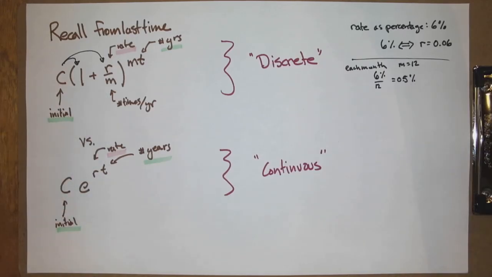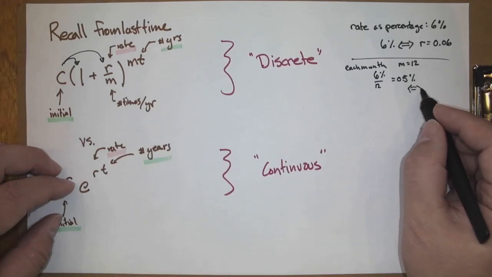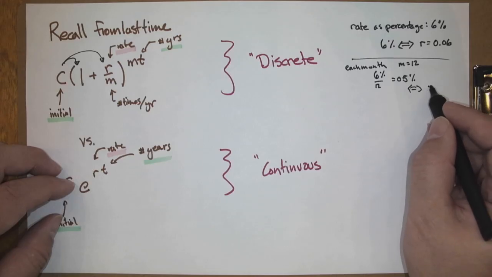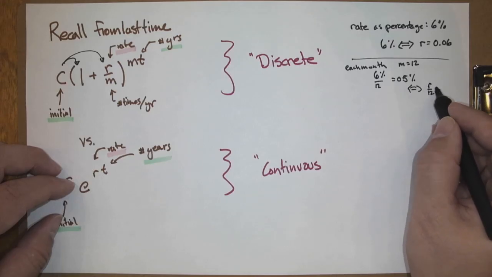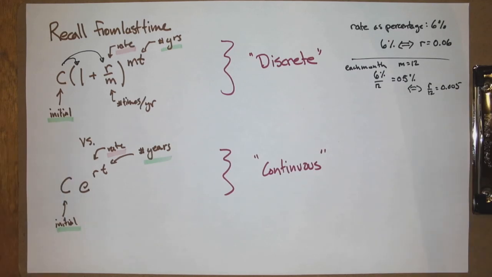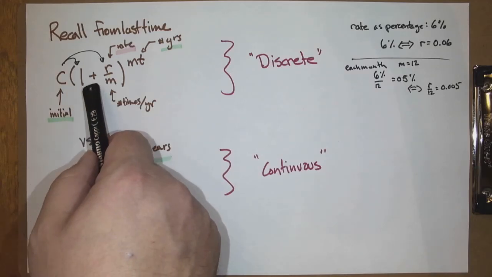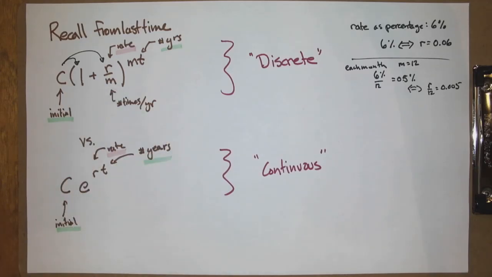And over the course of the year, if you add 0.5 up 12 times, you get up to 6. So when we convert it, our R over 12 would be 0.005. So it's a small number. But that's okay. The key is we're going to multiply by 1 plus a small number many times. And that becomes big.